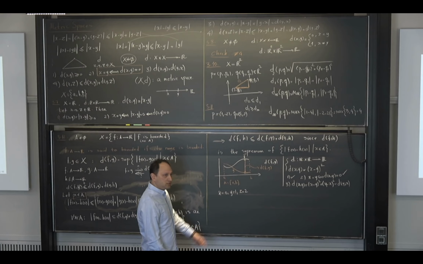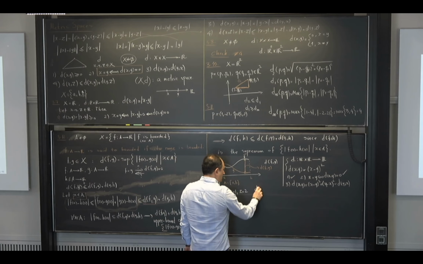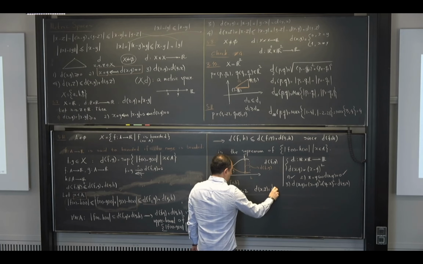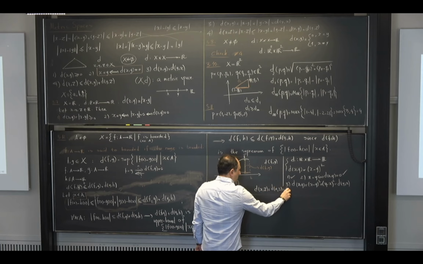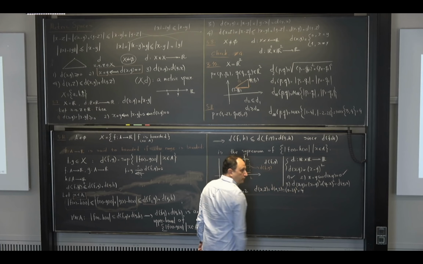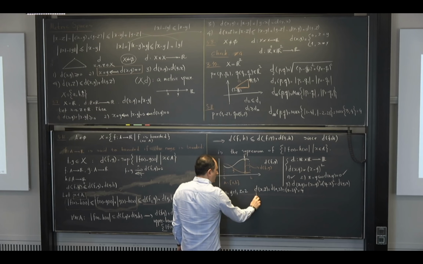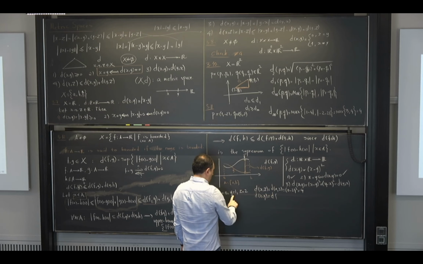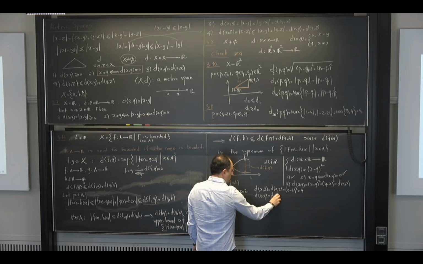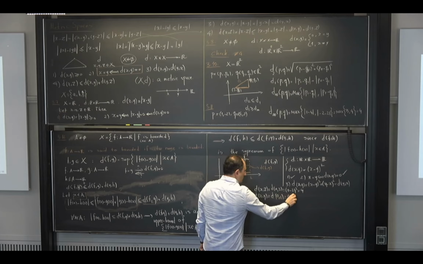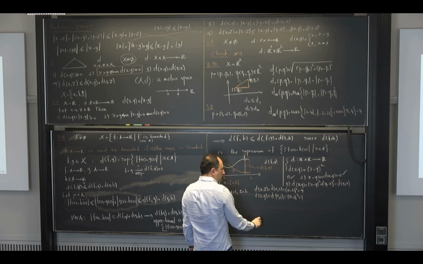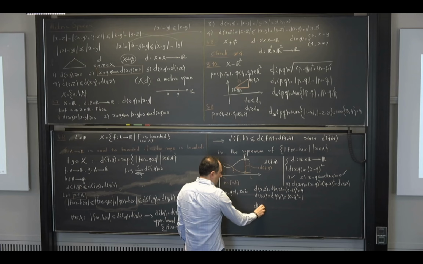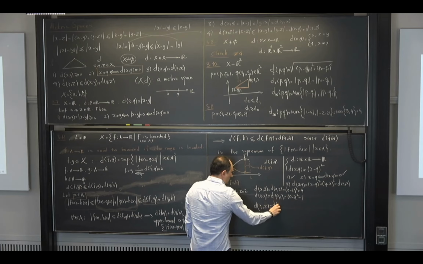So if I take these numbers, let us calculate the distance between x and z, which will be the distance between 0 and 2, which is (0 minus 2) to the power 2, which is 4. But let me also calculate the distance from x to y, which is the distance between 0 and 1, which is (0 minus 1) squared, which is 1. And let me finally calculate the distance between y and z, which is the distance between 1 and 2.